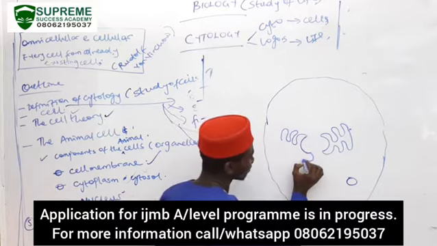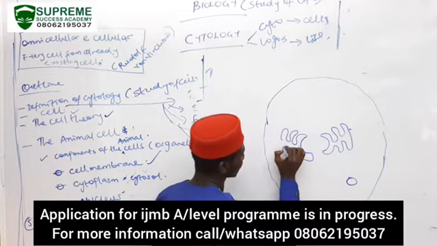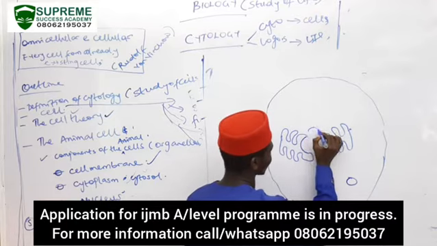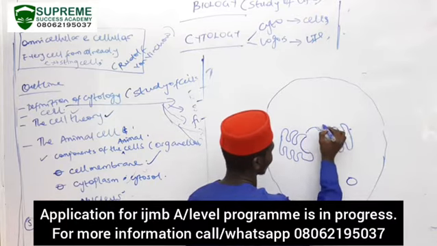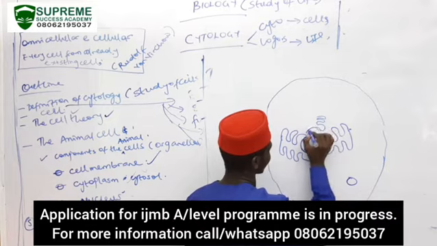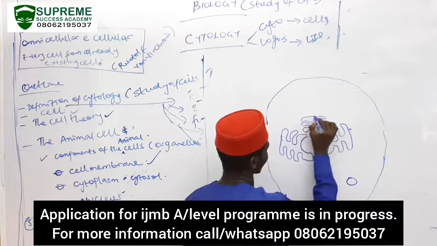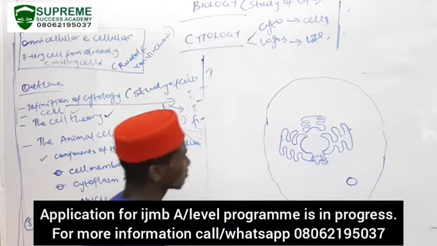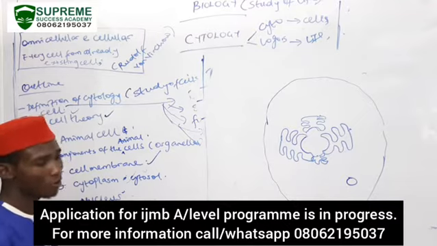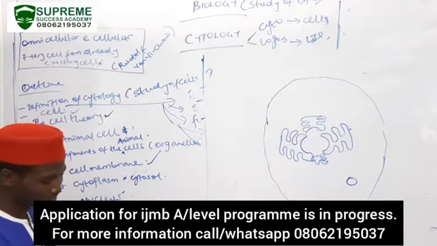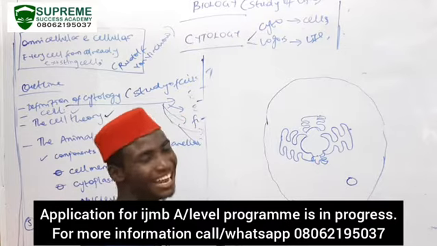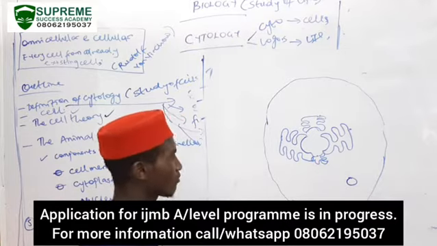So the nucleus forms an extension known as the endoplasmic reticulum. So this is basically how your plant cell, your animal cell looks like. So this is more like an enlarged structure of your animal cell.